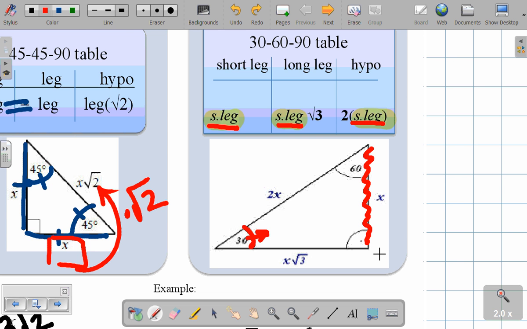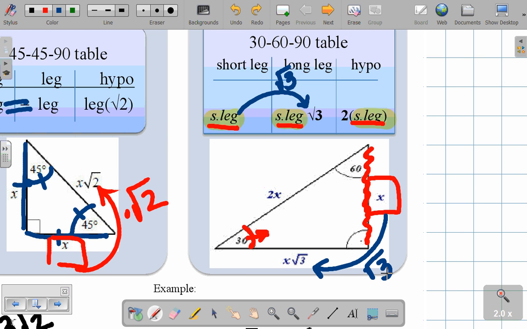So everybody put a box at the short leg because you always start with the short leg in a 30-60-90. Then you do what I call sprout. Short leg to the long leg, you times by root 3.